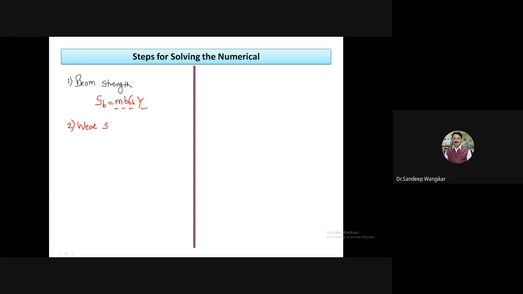Then I will proceed for calculation of wear strength. It is given by Sw is equal to b Q dp into K. b value given. Q we can calculate.